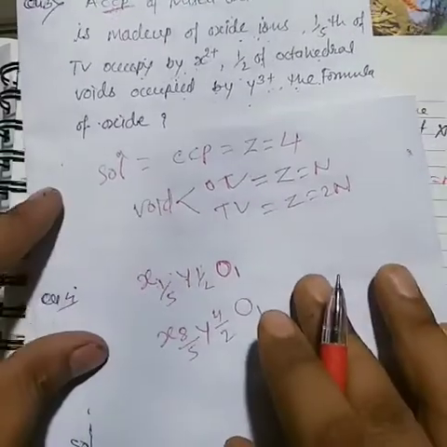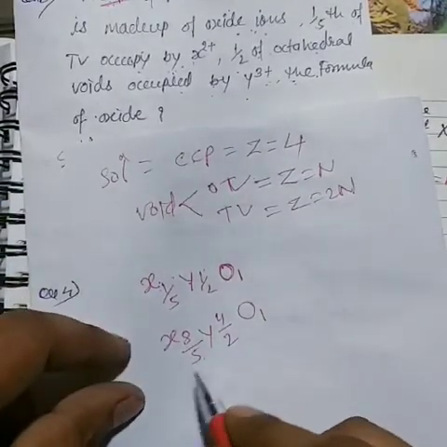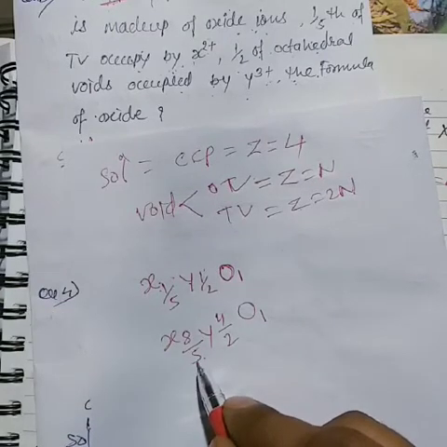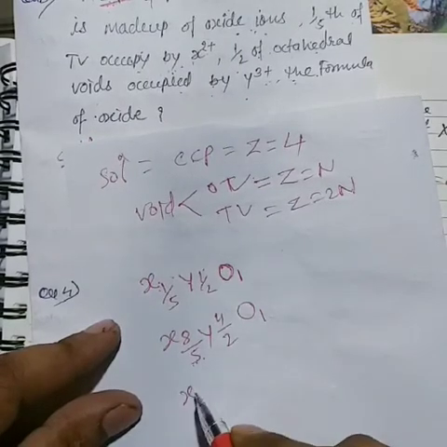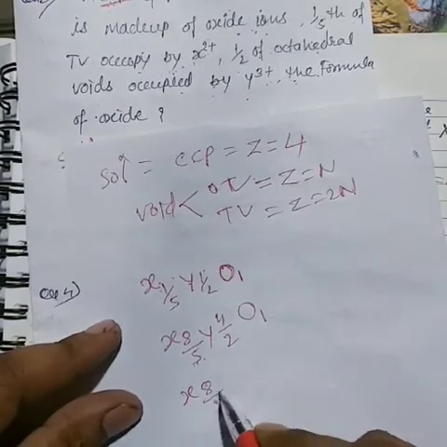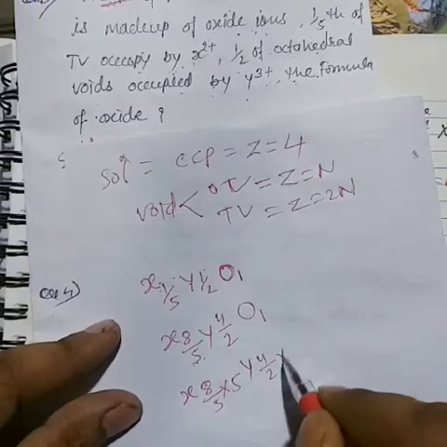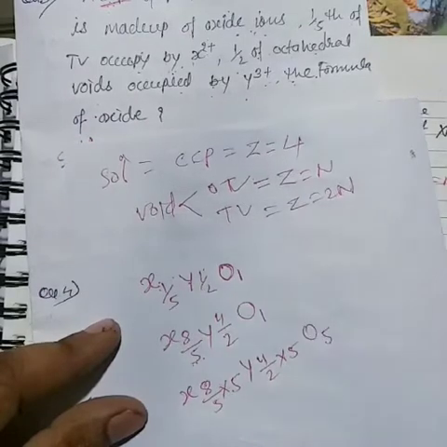As we know, a crystalline solid does not exist in fractional form, so we multiply by the highest denominator. I can multiply by 5: X 8 by 5 into 5, Y 4 by 2 into 5, and oxygen having 5.